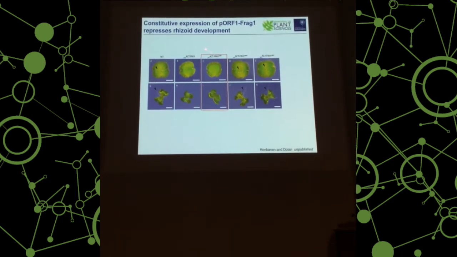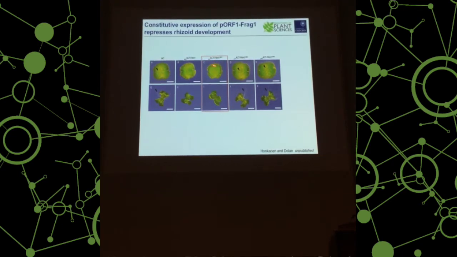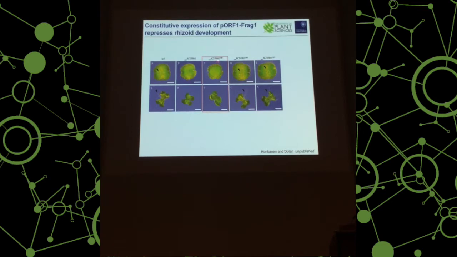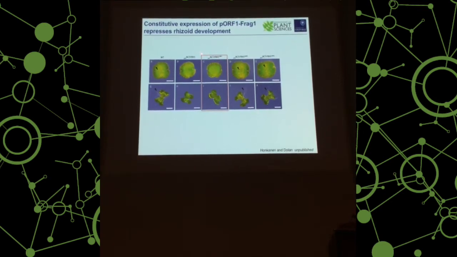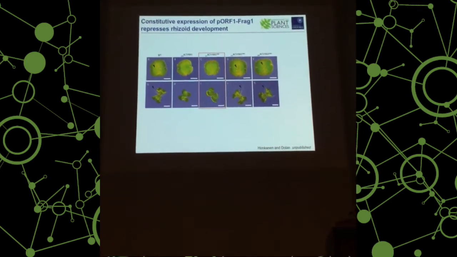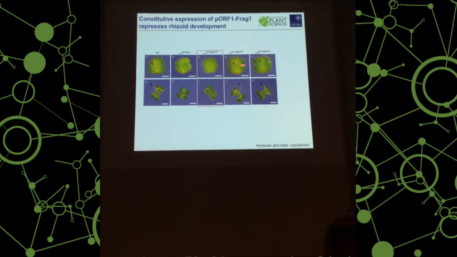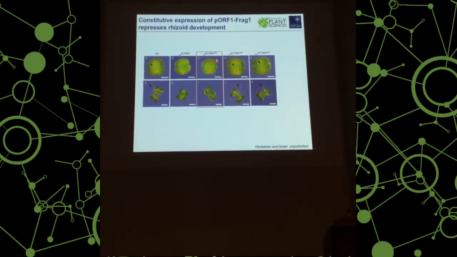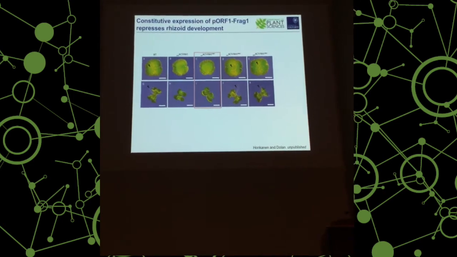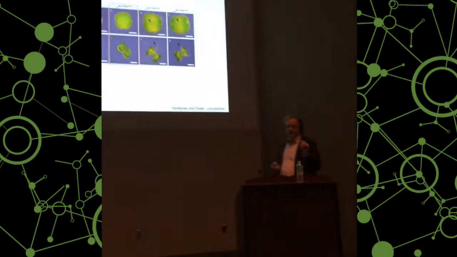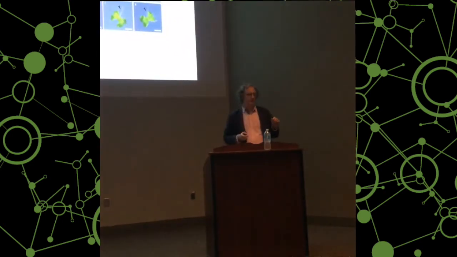This is ORF1, this small fragment that I've shown you. And if you take that, overexpress it, you again repress the formation of rhizoids, indicating that there's rhizoid repressive activity in this small fragment. And then if you take either of the other 2 fragments, you don't have any impact on rhizoid development.